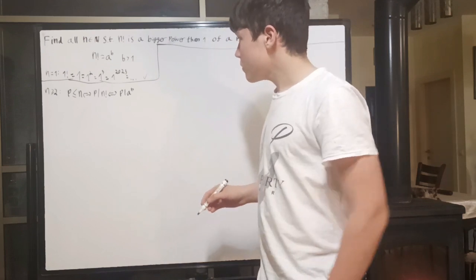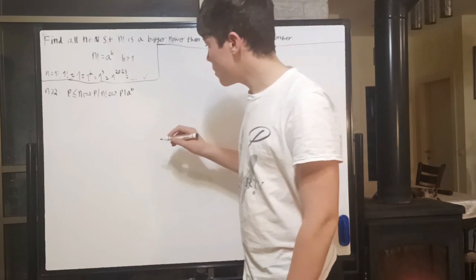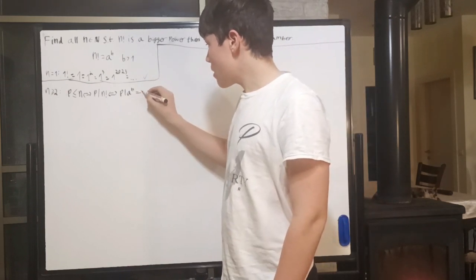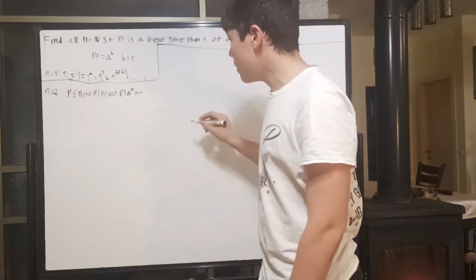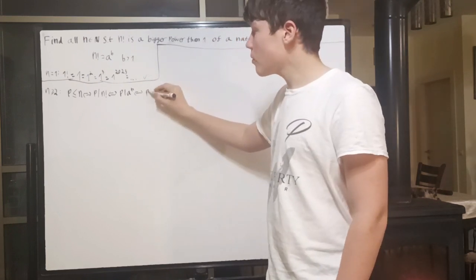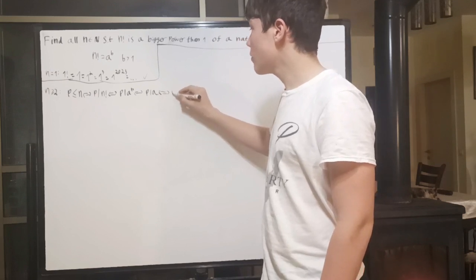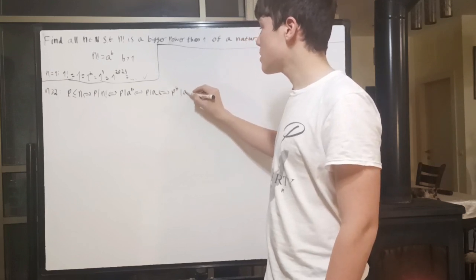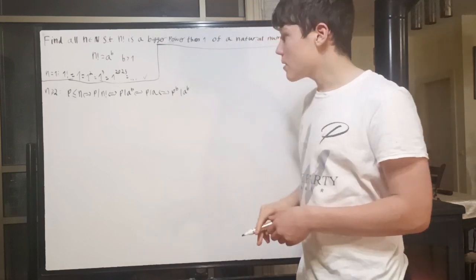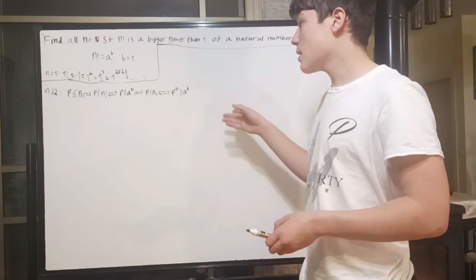That means, because p is a prime number, that this happens if and only if p divides a. But then that's if and only if p to the b divides into a to the b. Because if p divides a to the b, then p divides a, and if p divides a, then obviously p to the b divides a to the b.